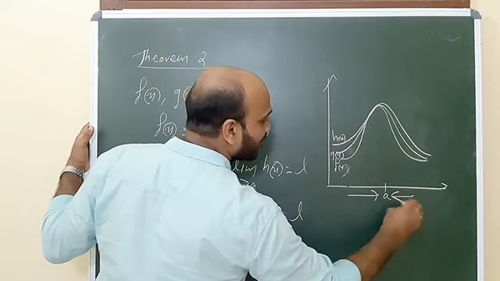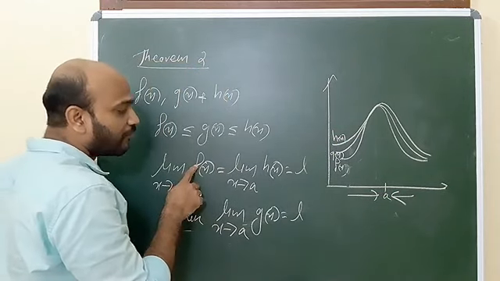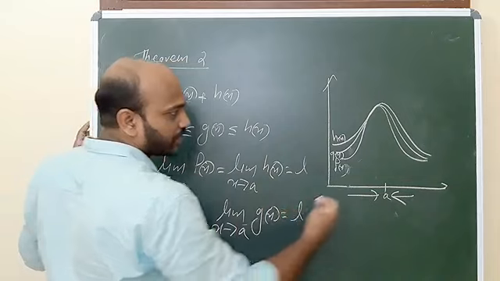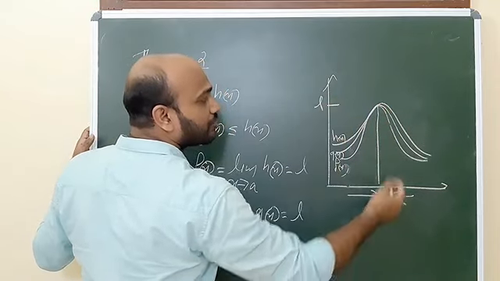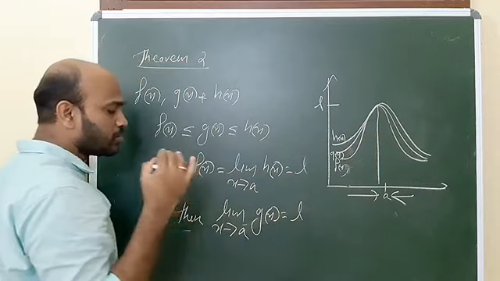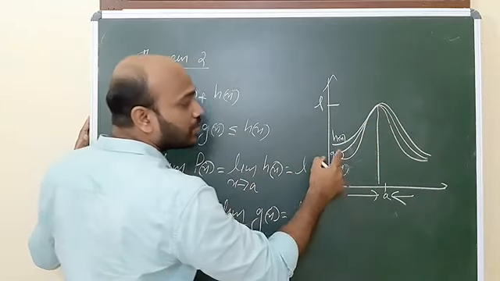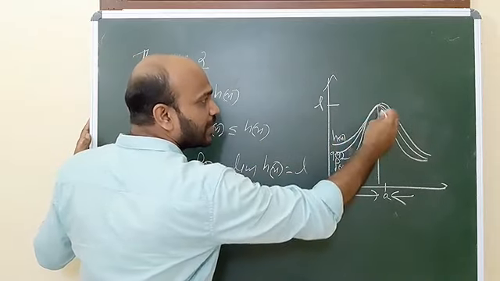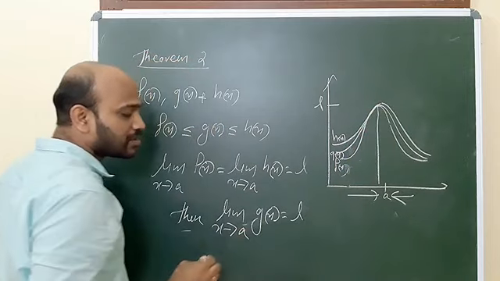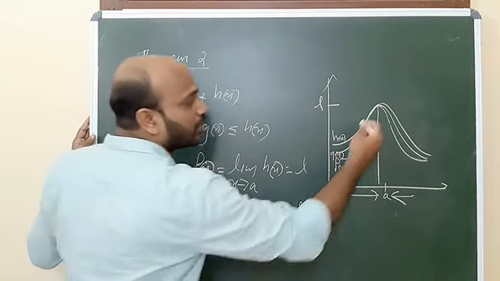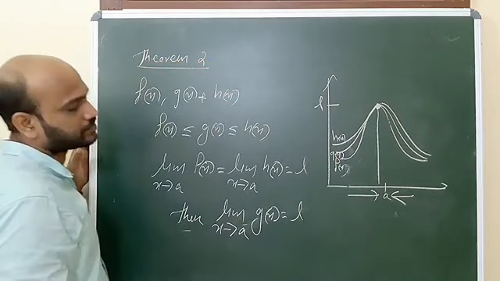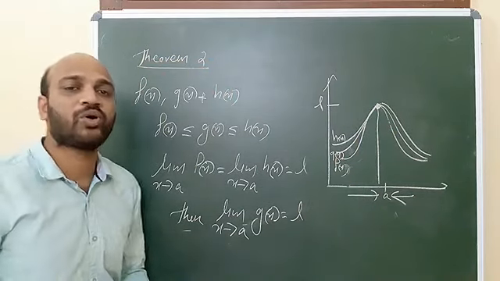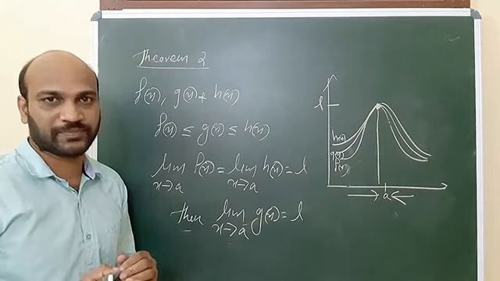As x tends to a, if f(x) and h(x) have the same limit, so this point is L, if limit x tends to a of f(x) equals limit x tends to a of h(x), in that case limit x tends to a of g(x) is also equal to L. So it will be at this point. This theorem is also called the sandwich theorem.